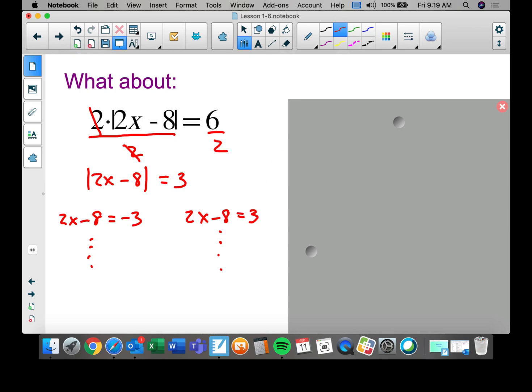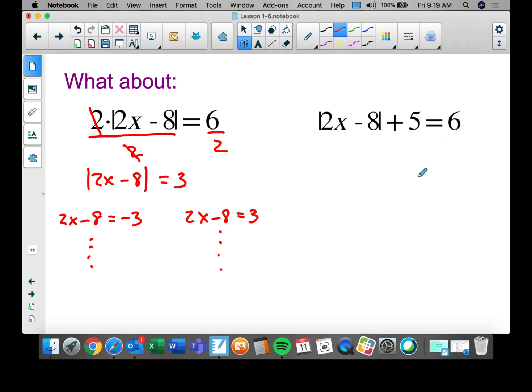Same exact idea when you get to this problem. So if we take a look at that problem, again, I want to get the absolute value by itself before I start setting up my two equations. So step number 1 here would be to subtract the 5 over. Those cancel.